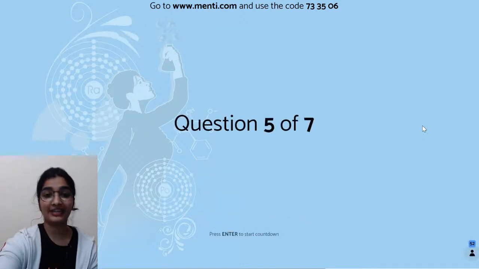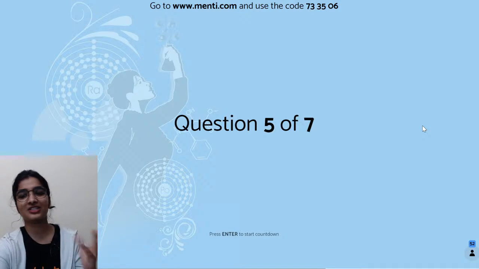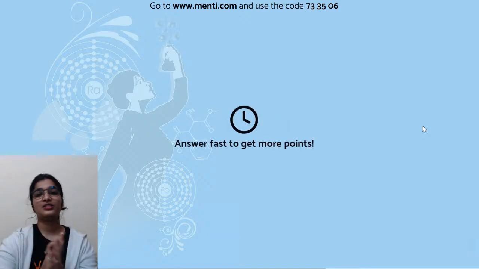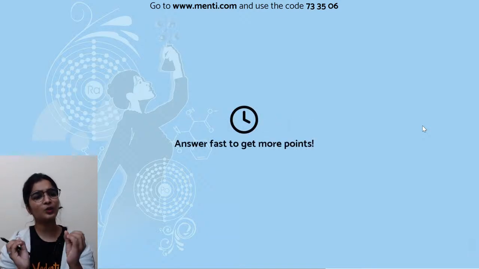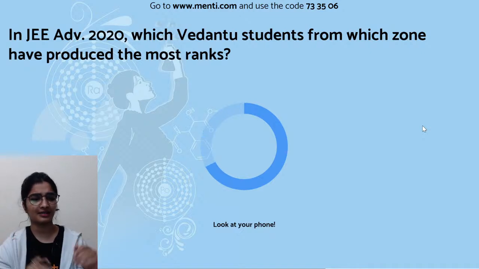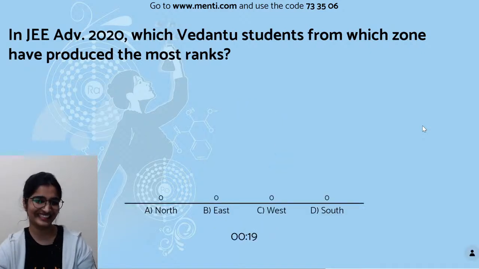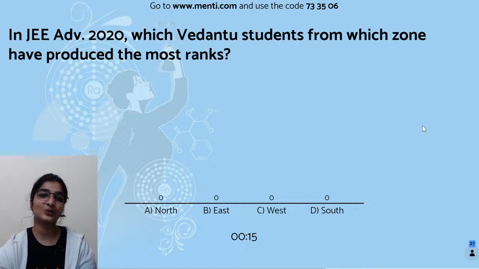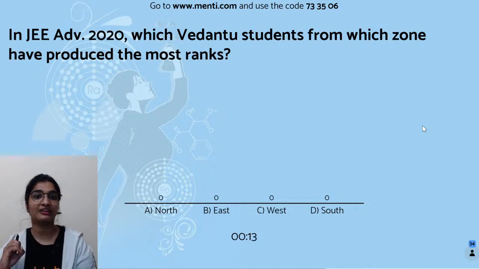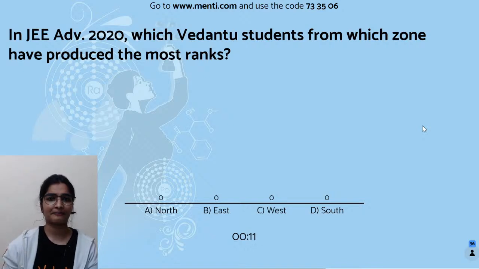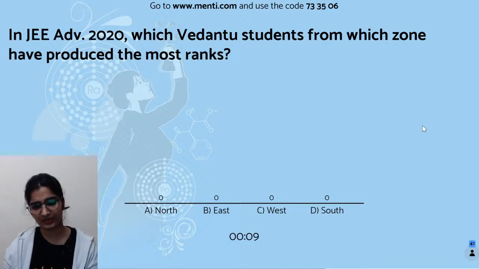So, we have another 2 questions related to our results, JEE and NEET results. Try to guess. Okay? This is not in your syllabus. In JEE Advanced 2020, which Vedantu student from which zone have produced the most ranks? North, East, West or South?